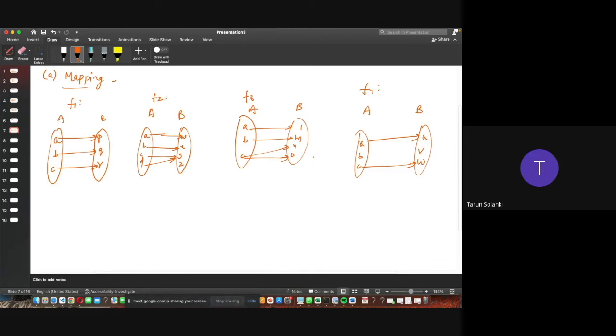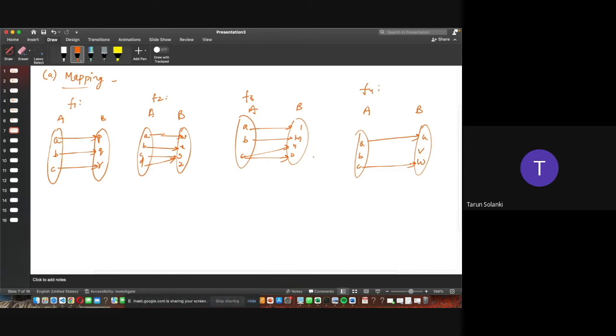Okay, so let's finalize all these four functions. So mapping rule f1 and f2 shows a function because each element of a is associated with a unique element of b, whereas f3 and f4 are not functions because in f3 element c is associated with two elements of b, right?